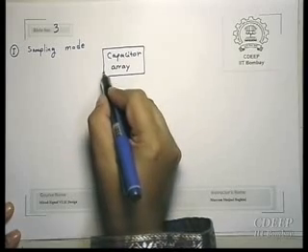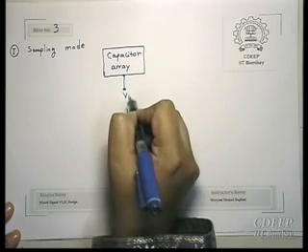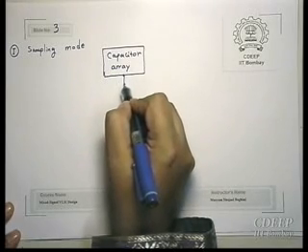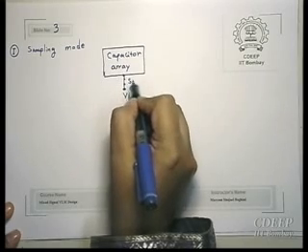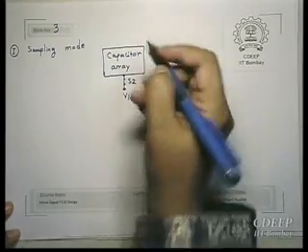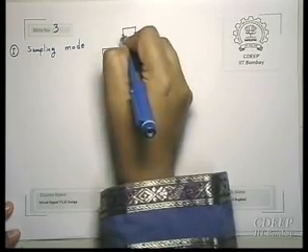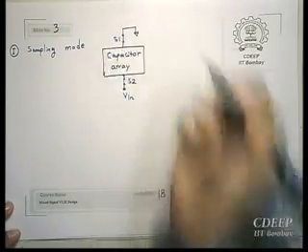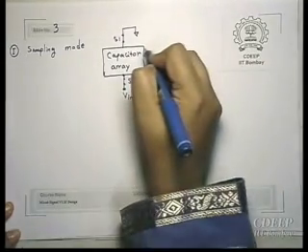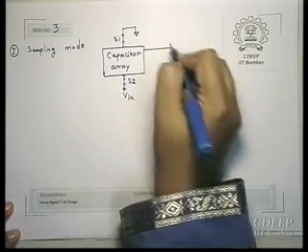The bottom plate of all capacitors is connected to V in, using switch S2, which is closed. The upper plate, using switch S1, which is now closed, is connected to ground. And of course, the output of this capacitor array will go to the comparator.